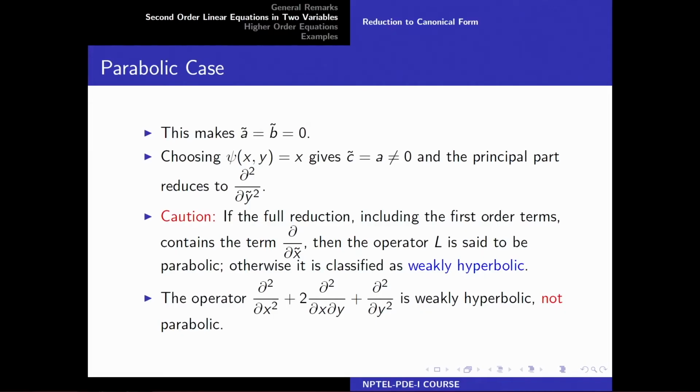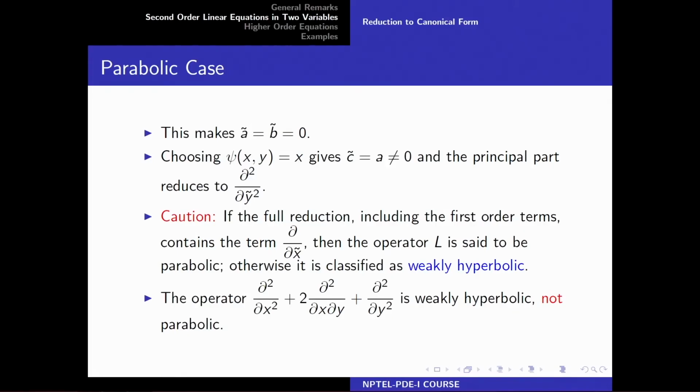So, in this case for two variables we could do full analysis and the analysis just depends on one quantity, namely the discriminant a c minus b square, and we could do reduction in case of hyperbolic and parabolic, and with this caution.